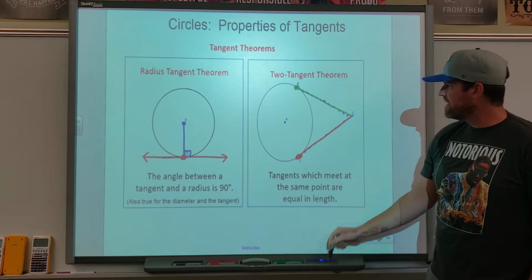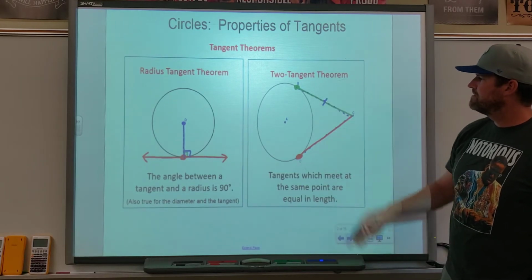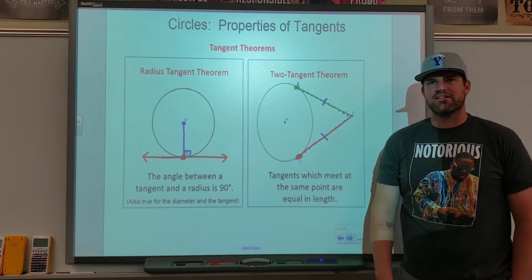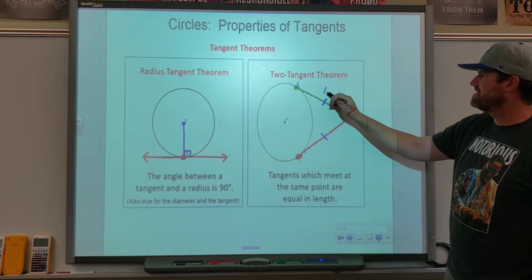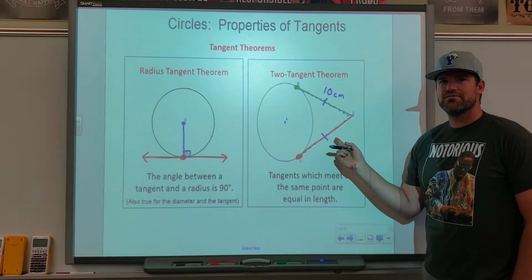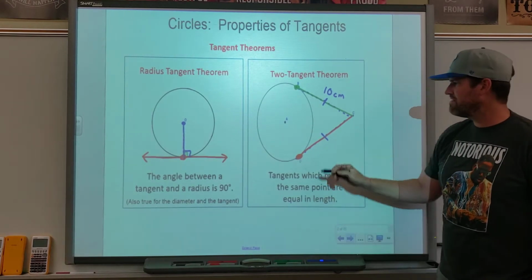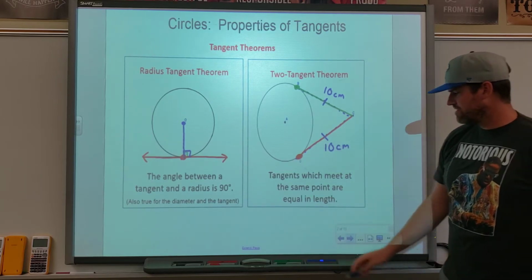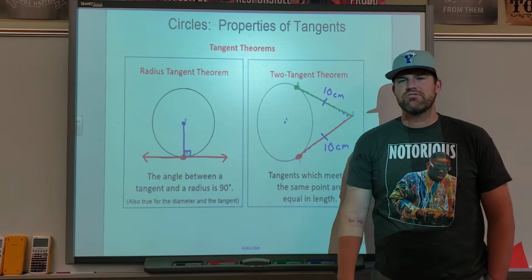So I know that the length of this segment here and the length of this segment here will be the same length. For example, if this was 10 centimeters, how long would this segment be? Yep, it's congruent, so it would be 10 centimeters. All right, those are the two tangent theorems that we're going to use.